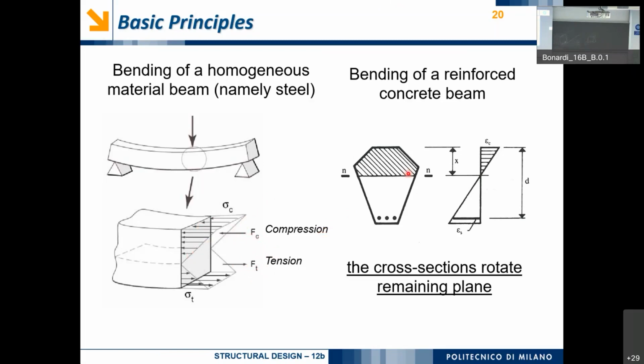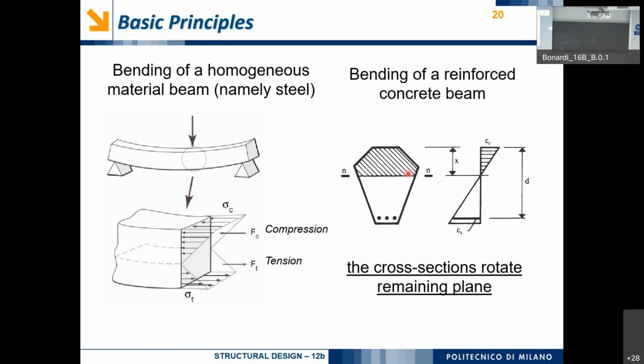What happens when we are talking about reinforced concrete? Well, in this case, in the reinforced concrete, what we have seen so far is not actually true. Why? Because imagine that we have the same element, same section or whatever cross section, also a polygonal one, in reinforced concrete.